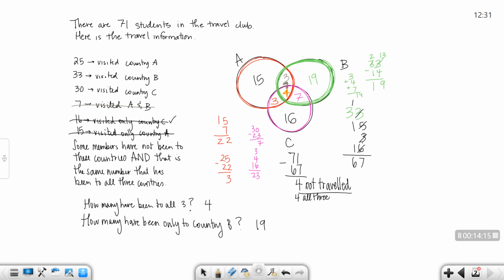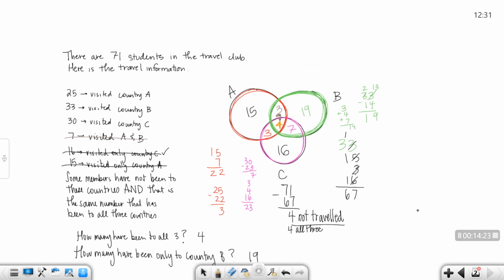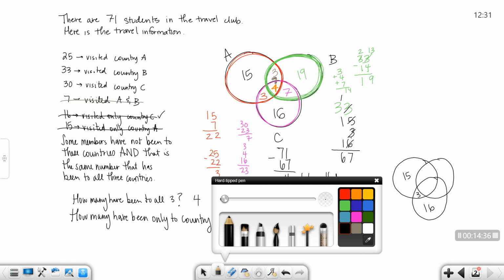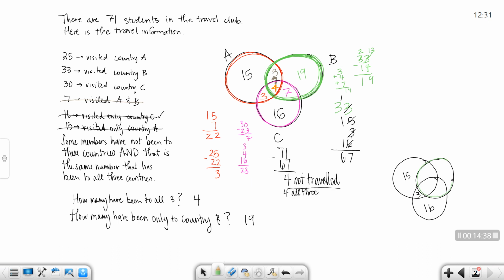I know that one was much tougher. So my trouble with that one is once you got to that part where you had the 15, the 3, and the 16, you got to a stumbling block, and you knew you had 15 and 3 and 16, but you had no idea where to go next, or at least that's how I was.